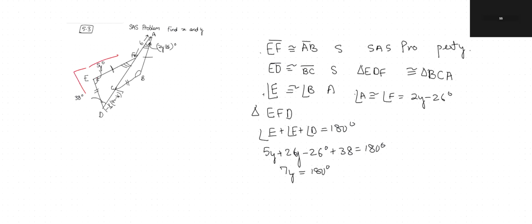So 7y is equal to 168 degrees. So y is equal to 24 degrees.